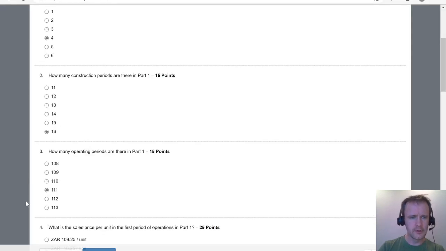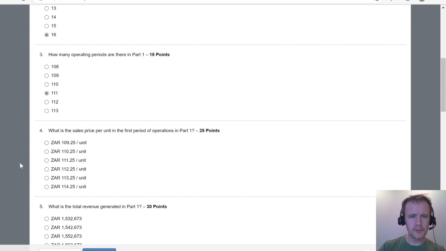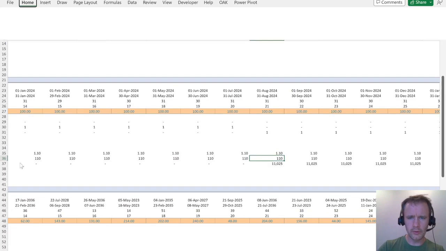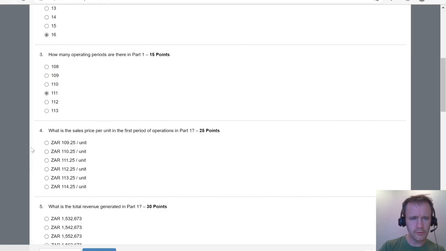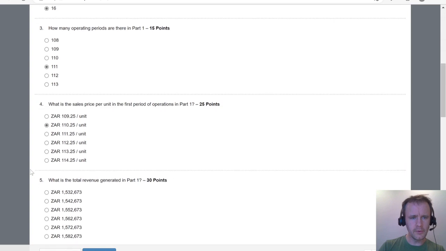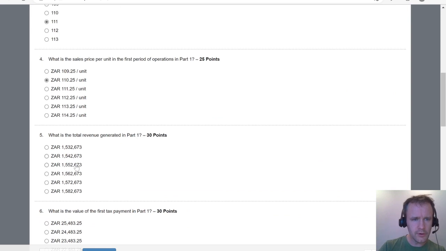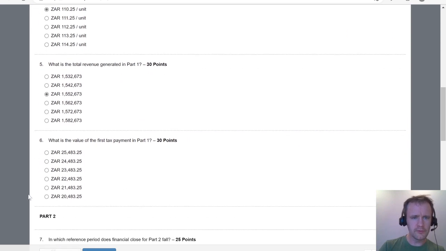What is the sales price per unit in the first period of operations? So does it belong to here? And it's 110. More decimal places, please. 110.25. Okay. Total revenue generated. So I guess we're just straight on to this. 1552673. Good.